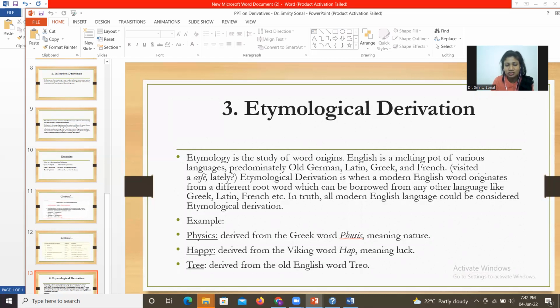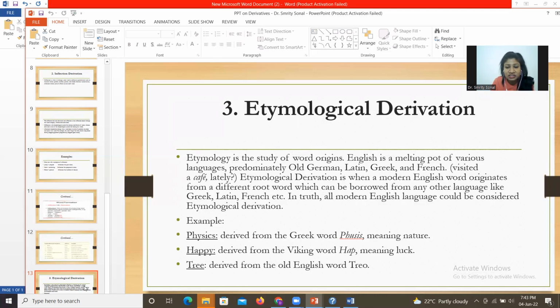Many words find their origin from Greek, from Latin, from French, and many other sources, and it's not exactly something that has been created or derived by English. So in etymological derivation, we see that there are some roots that are not found in the English language, and such derivation from some other language which English borrows for itself is called etymological derivation.